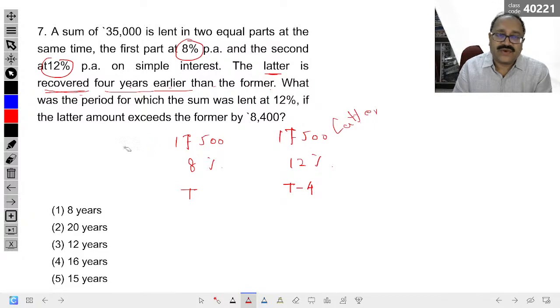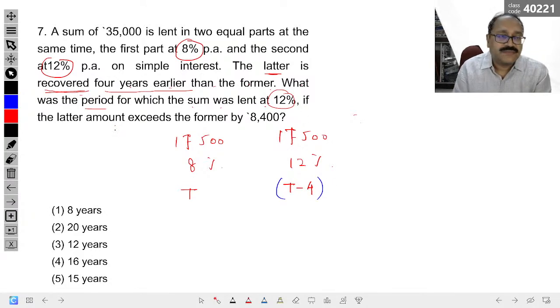Now what do I need to do next? If the latter amount exceeds the former by 8,400, what is the period for which the sum was lent at 12% per annum? So I need to find this part, T minus 4.